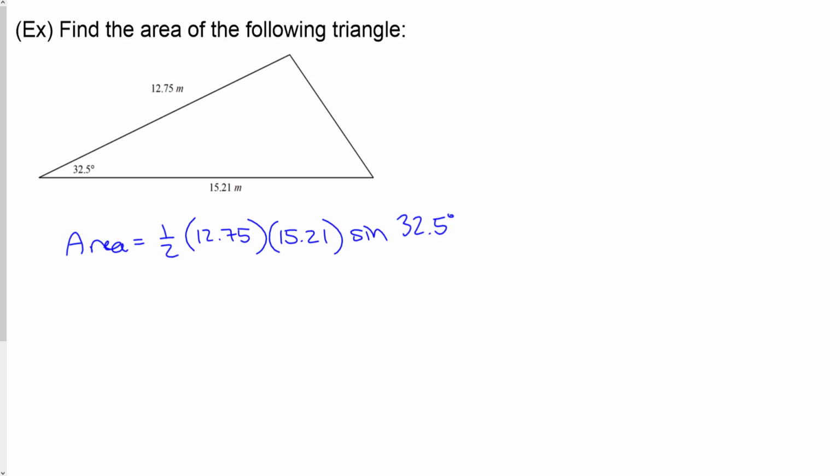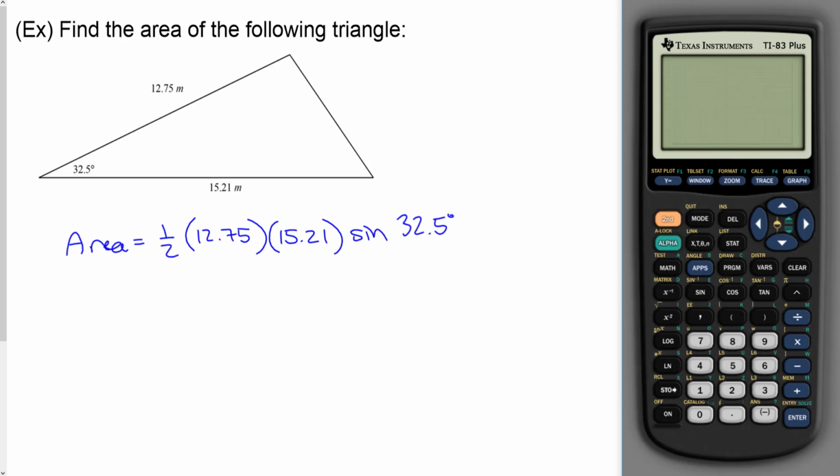So the side angle side case is what we're working with. When we plug this into the calculator, we have 0.5 times 12.75 times 15.21 times the sine of 32.5, and that means this area is approximately 52.10 square meters. Since we're measuring area, that needs to be squared units.